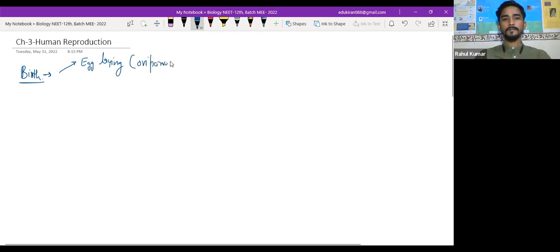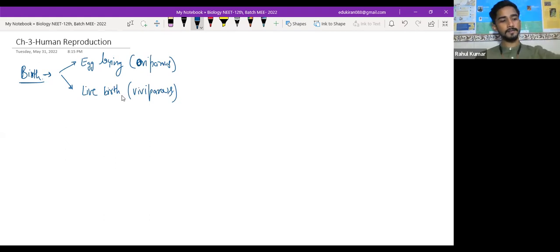And there are organisms which give live birth to the young ones, and they are called viviparous. Clear? You can remember it like this: oviparous starts with O, and the shape of O looks like an egg, right? So oviparous are egg laying because they lay eggs, and the O looks like an egg.